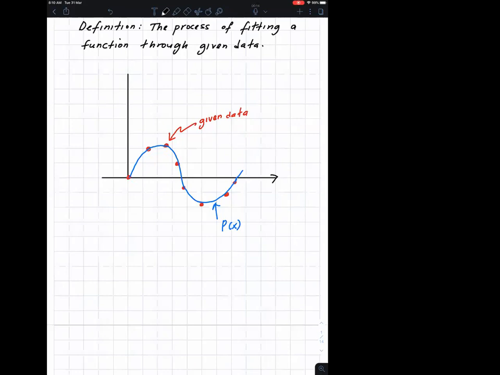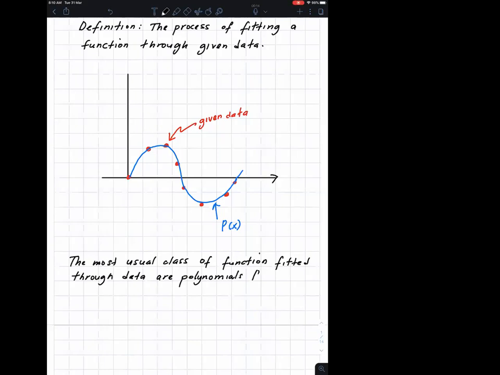The most usual class of functions is polynomials, so it's very common to use polynomials.